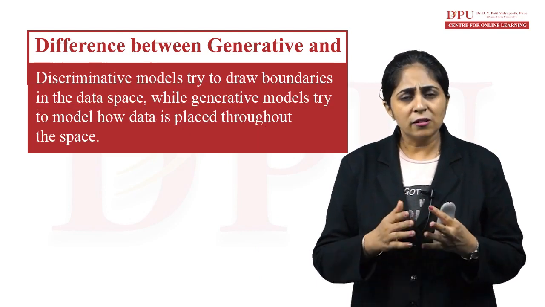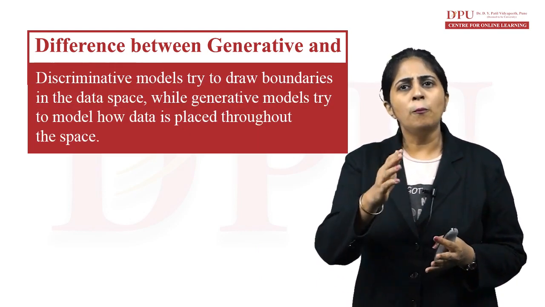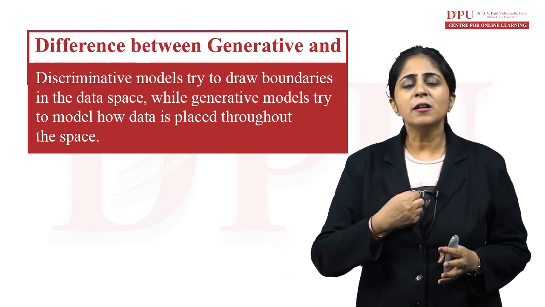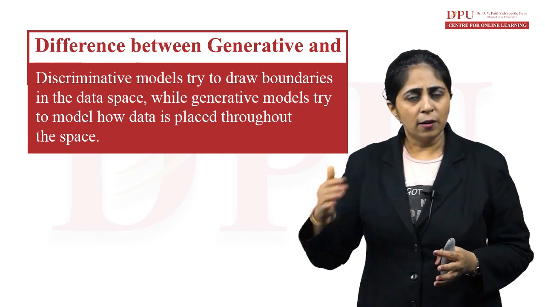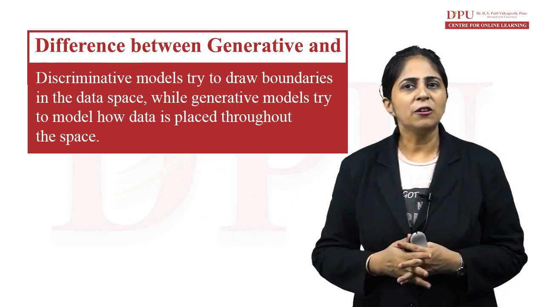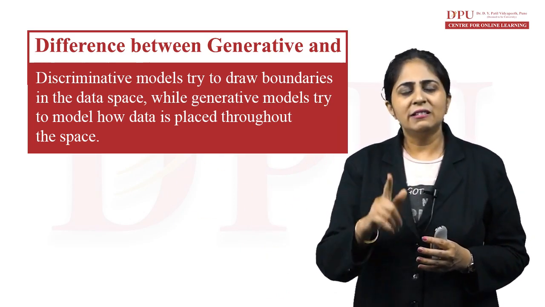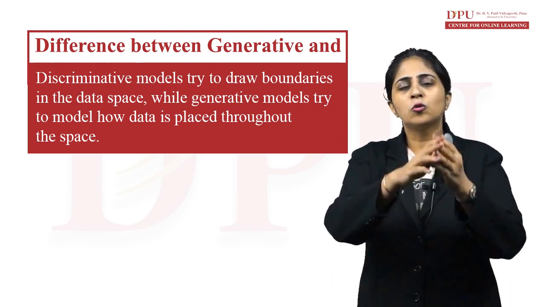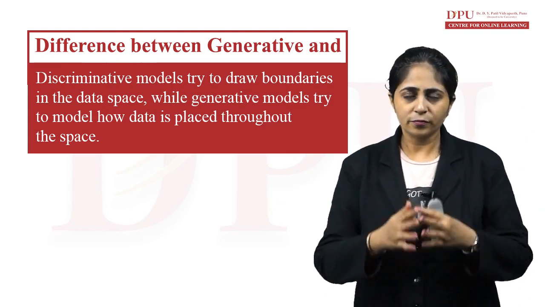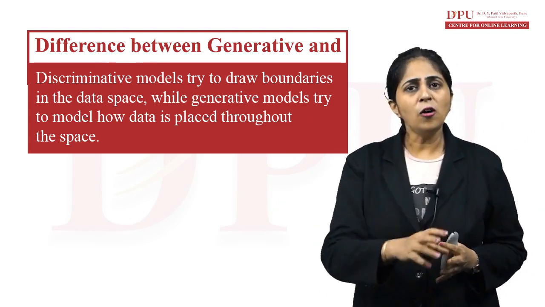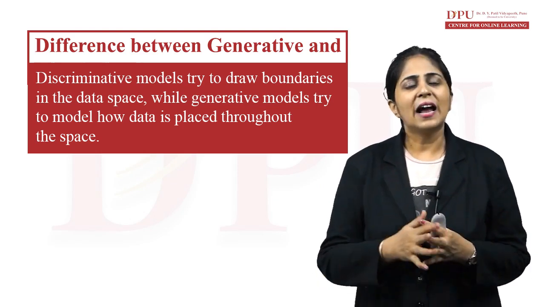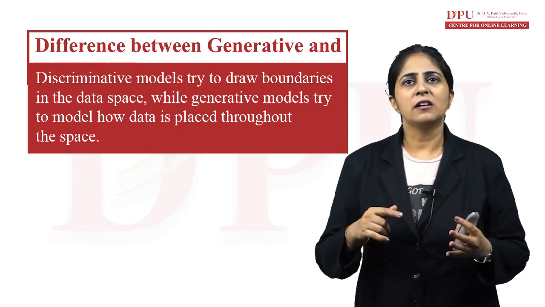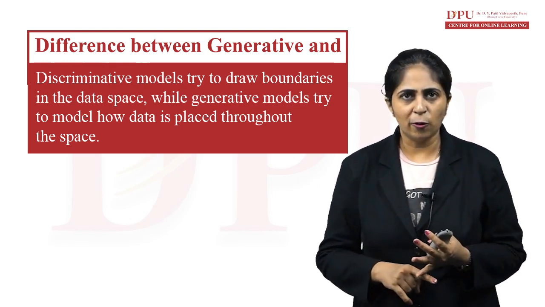A discriminative model tries to draw boundaries in the data space. If we have certain data, it will draw a boundary between different types of data. While a generative model tries to model how data is placed throughout our data space. So we should understand the difference between the two.